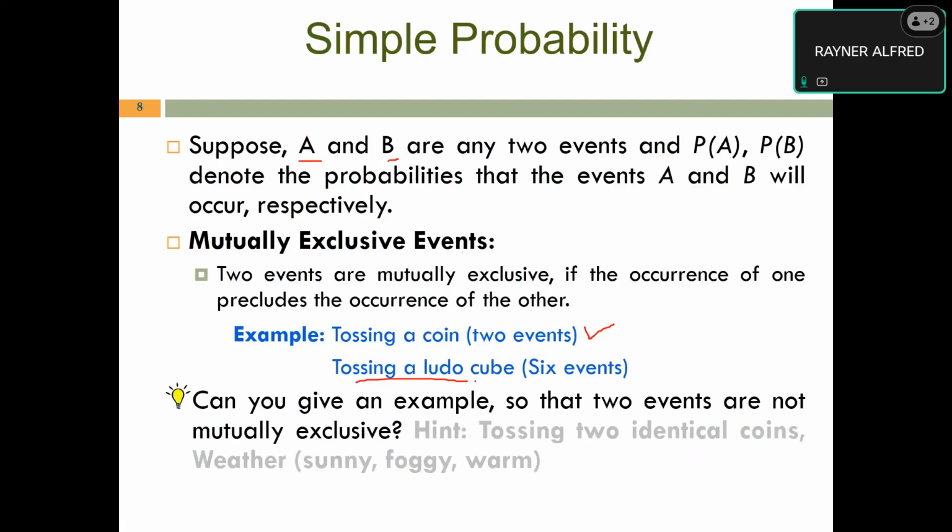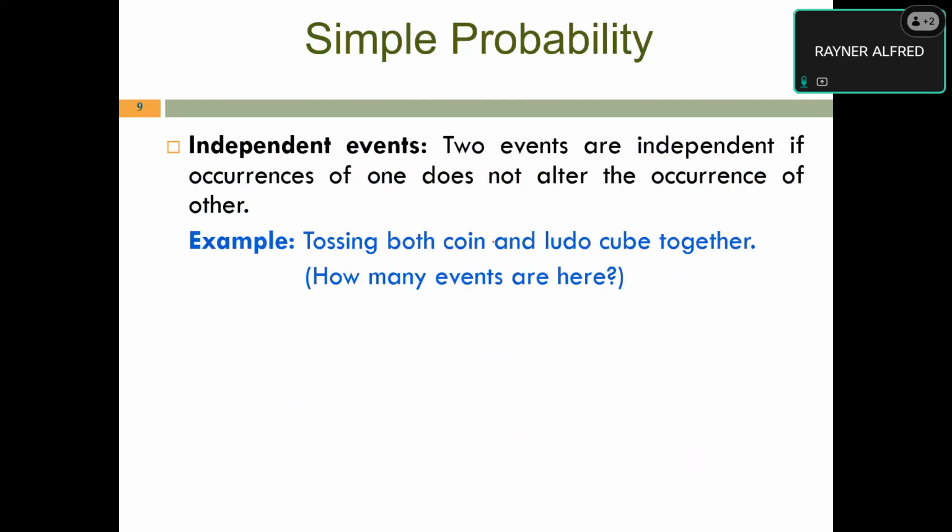Similarly, tossing a Ludo cube has six events, the numbers 1 up to 6. So they are mutually exclusive. We also have the assumption of independent events. Two events are independent if the occurrence of one does not alter the occurrence of the other. So the occurrence of the second has nothing to do with the first.